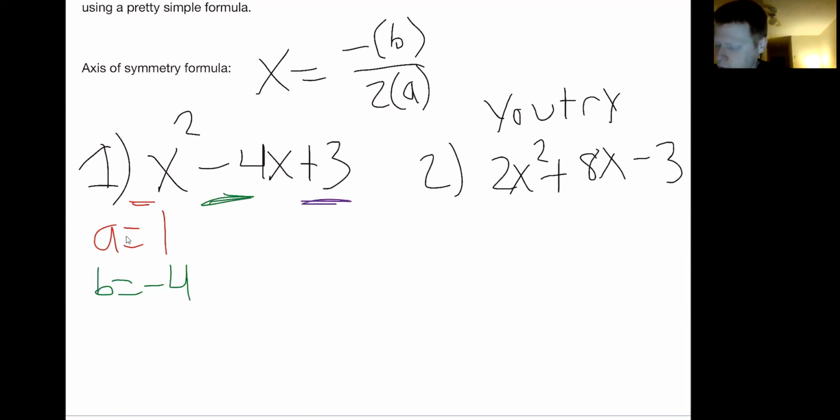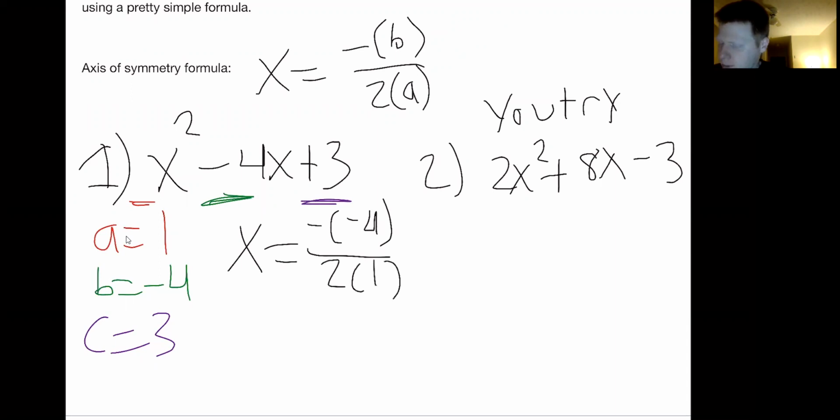Then your constant would be a 3, but we're not using it in this formula, so it's not really that relevant. So our formula is x equals -b, so negative parentheses -4, all over 2 times a.